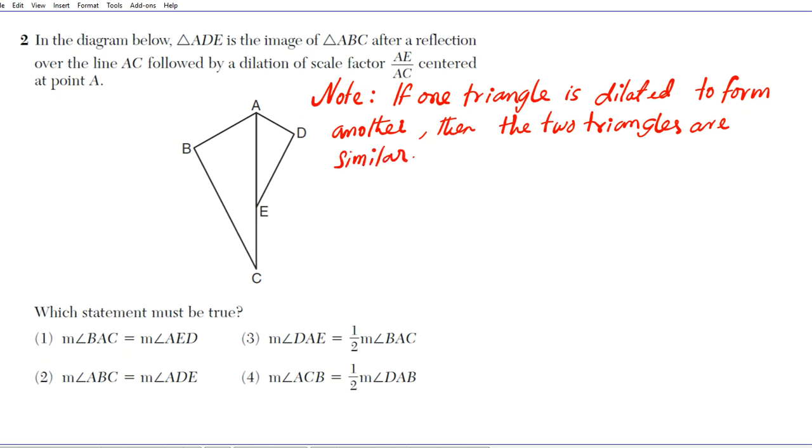So what does that mean? Well, there are some conditions that apply when two triangles are similar. One of the facts is that corresponding angles are congruent.